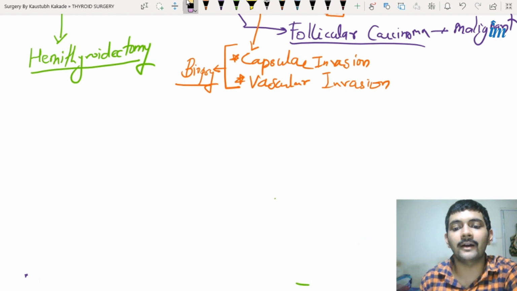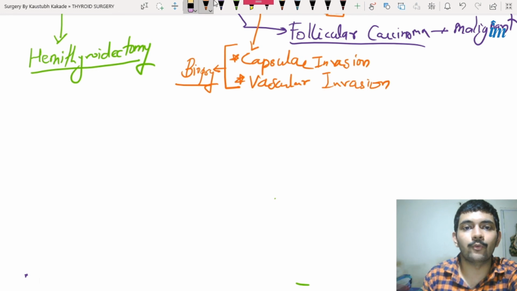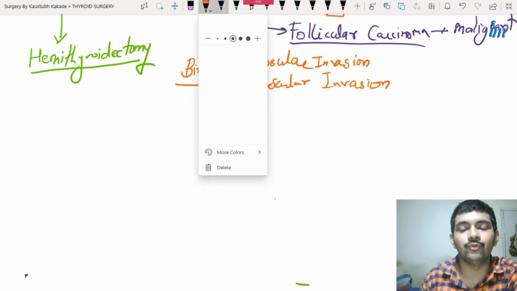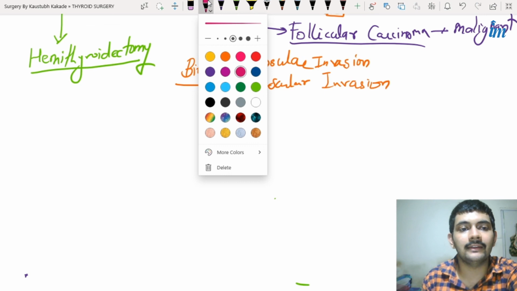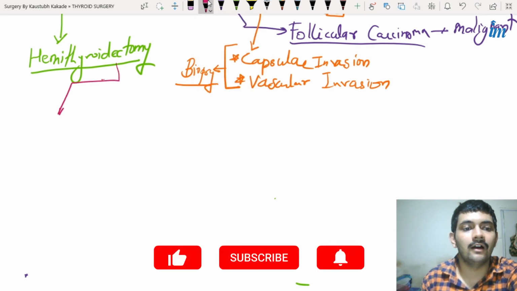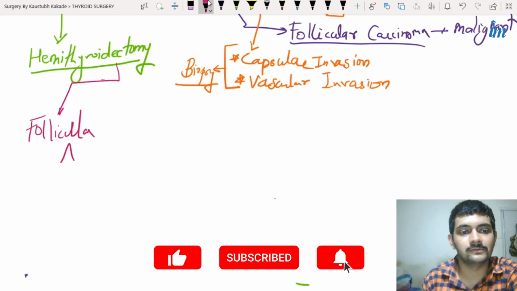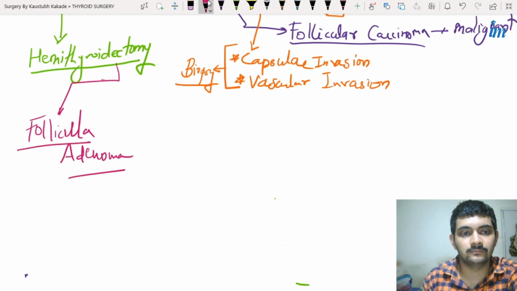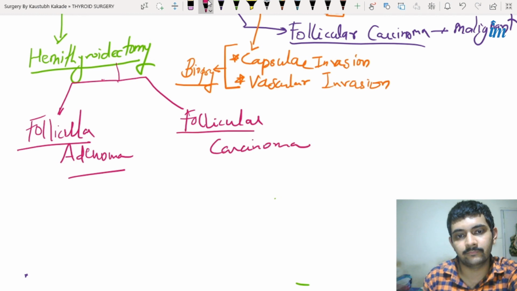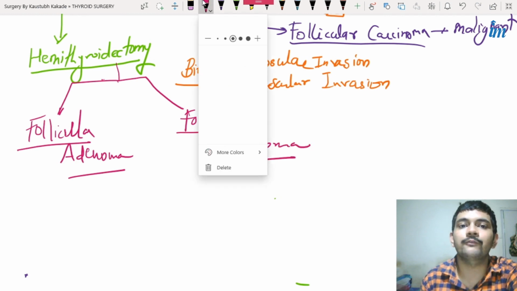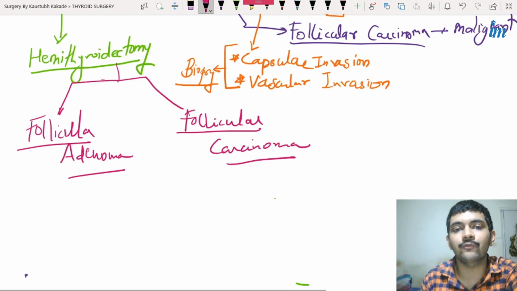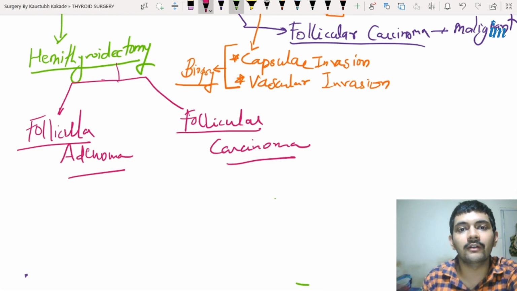Now, after getting a biopsy sample, the pathologist will report to you either being benign or being malignant. So it will come out to be a follicular adenoma based on this biopsy, or it will come out to be follicular carcinoma. If it's a follicular adenoma, half of the involved thyroid you have already removed.